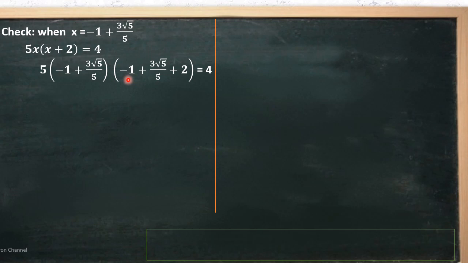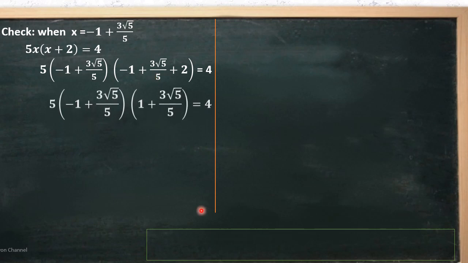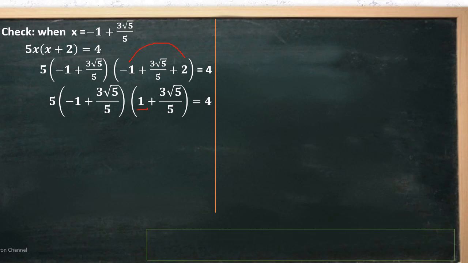So we have here -1 and 2. And then the rest of the terms, just copy. So -1 plus 2, the answer is 1. Just copy 5 times quantity of -1 plus 3 square root of 5, as well as bring the 3 square root of 5 and 4.